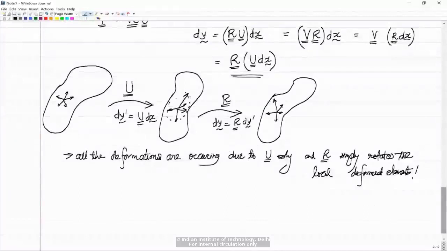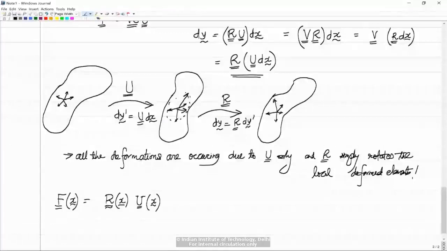So what do I mean by that? You see this big F is a function of x. So when you work out the decomposition, this big R turns out to be a function of x, and U also turns out to be a function of x. So R and U are both changing in the body.